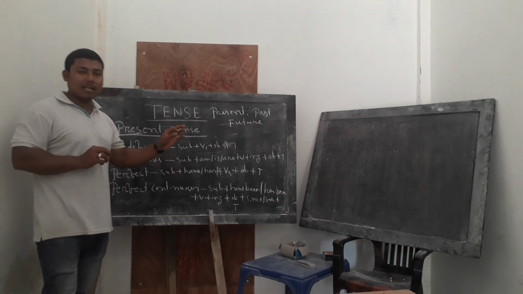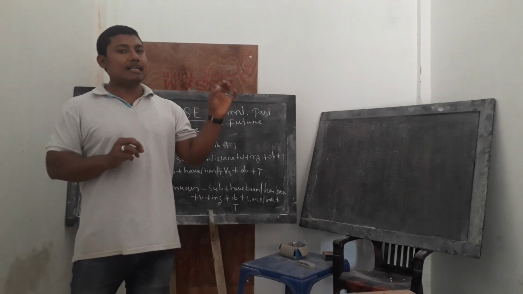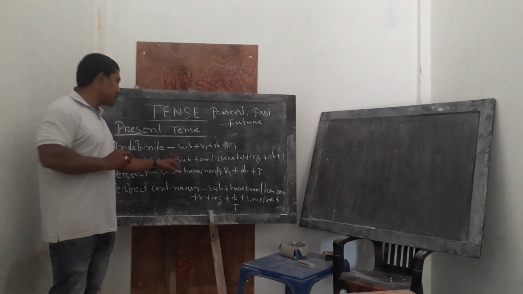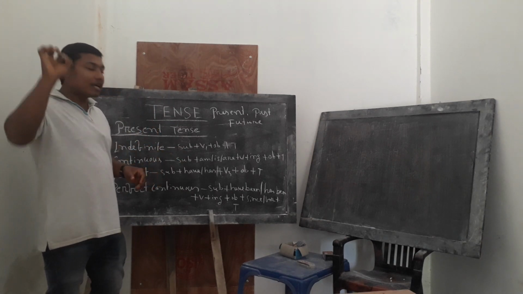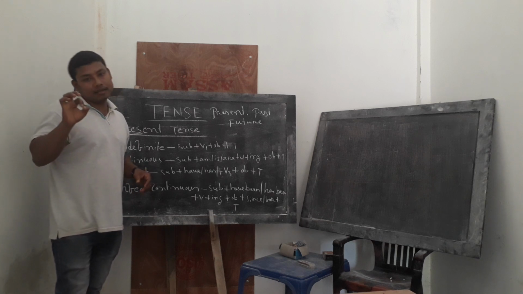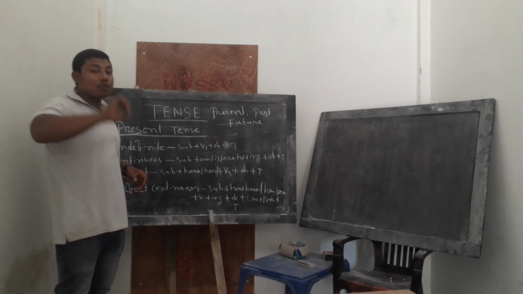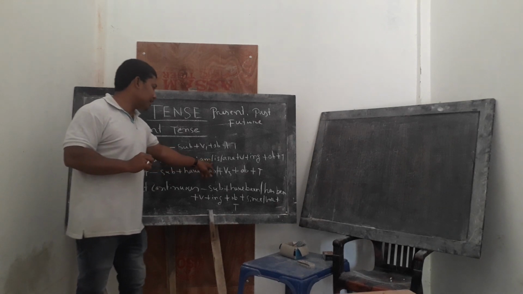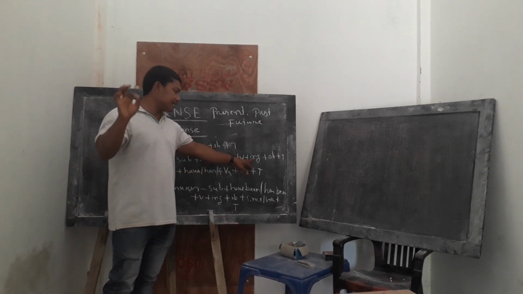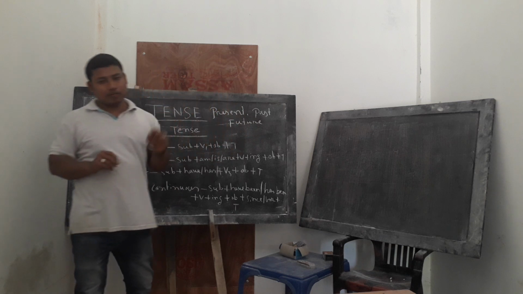By following this formula, if we take some examples, I think it will help you understand properly. Suppose, Ram is going to London. Ram is the subject, is is coming from the formula, verb plus ing, go plus ing, going, to London is the object.